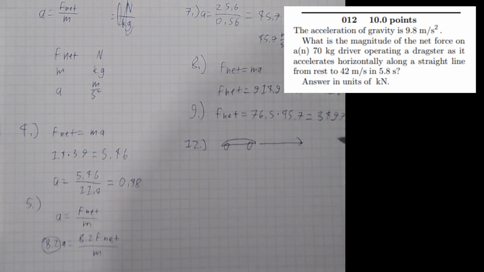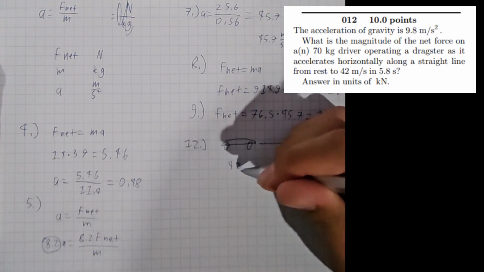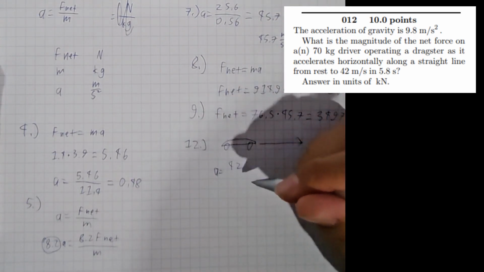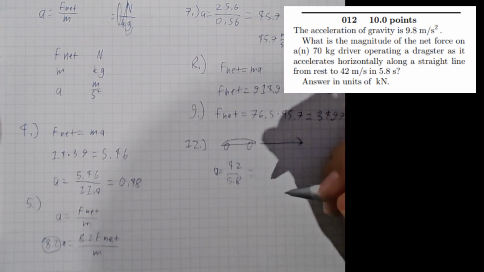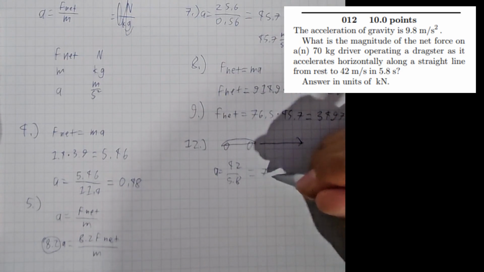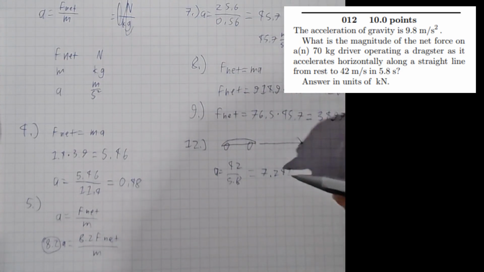Just like the previous problem, you're going to first find the acceleration, so that's the speed it gets to, which is 42 meters per second over 5.8, which is 7.241 approximately. So that's 7.241 meters per second squared.